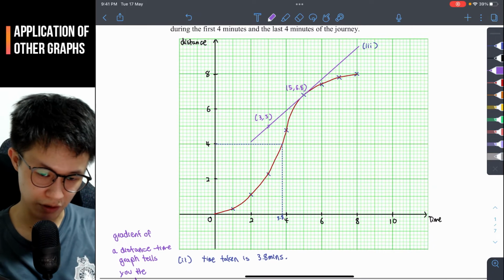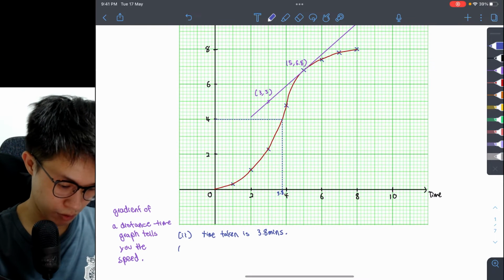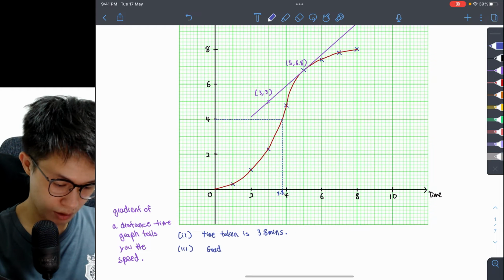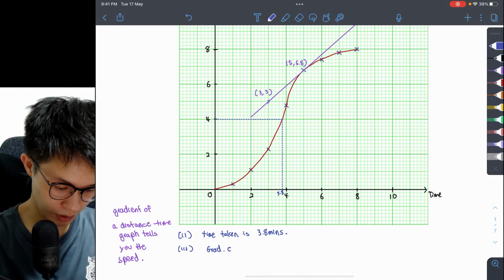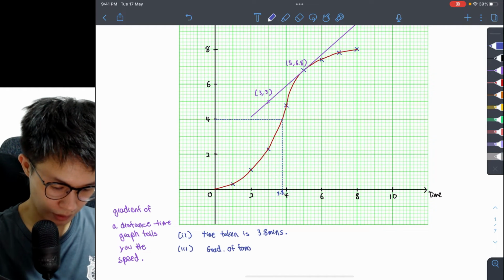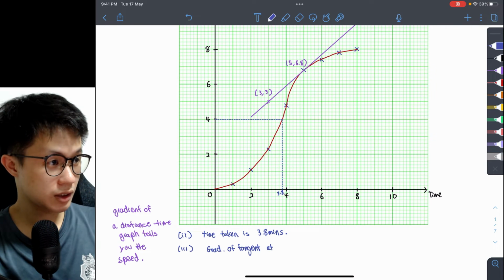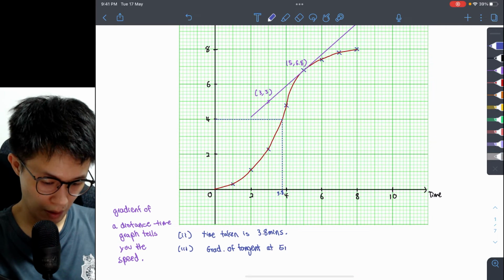So we can actually find the gradient now with 2 points. Part 3, the gradient will be equal to the gradient of the tangent. Let's make it more specific, at 5 minutes.